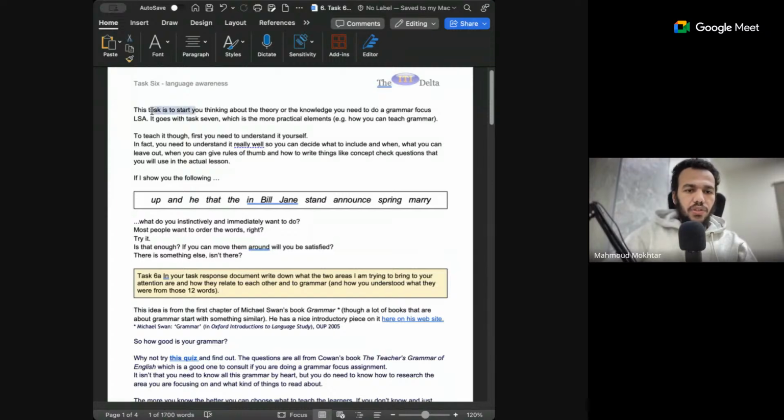This task is to start you thinking about the theory or the knowledge you need to do a grammar-focus LSA. It goes with task 7, which is more practical elements, how you can teach grammar. That was task 7, yes. And we had a Zoom session about it.